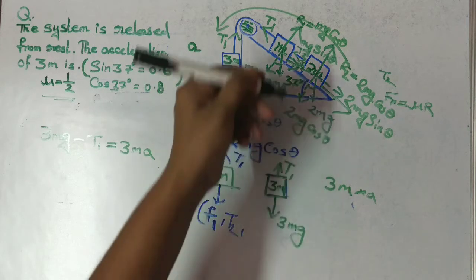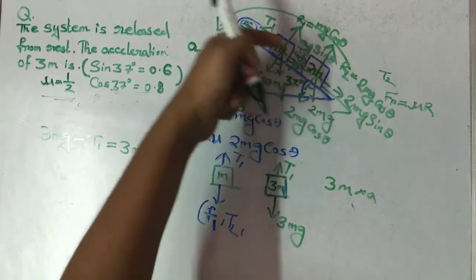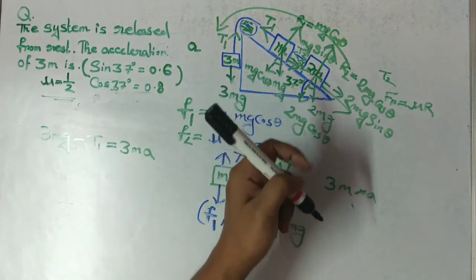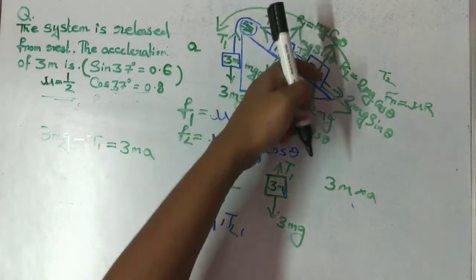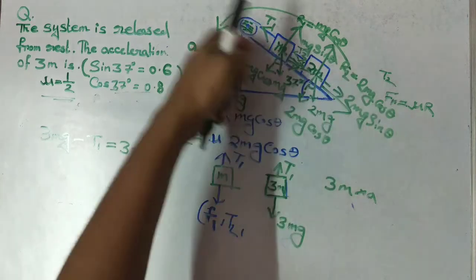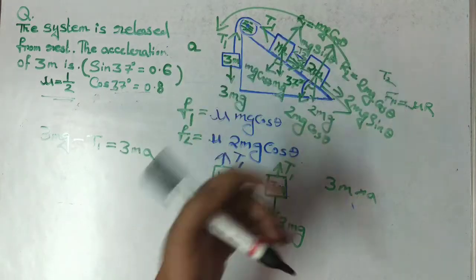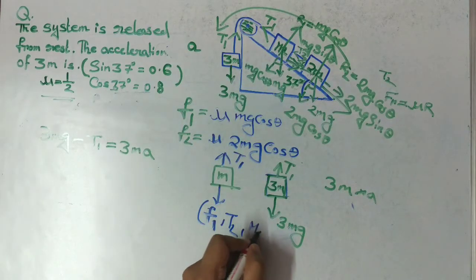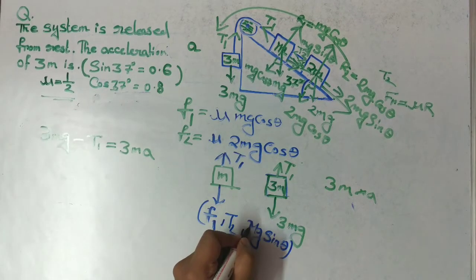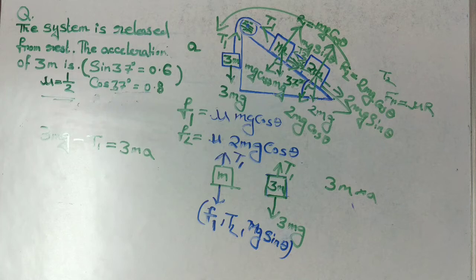And also the parallel portion of the weight mg along the inclined plane, the mg sin theta portion, is also included on this side. So what will be the equation for it?